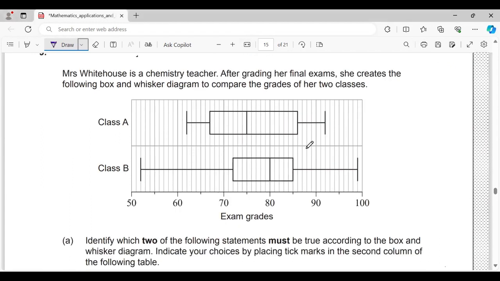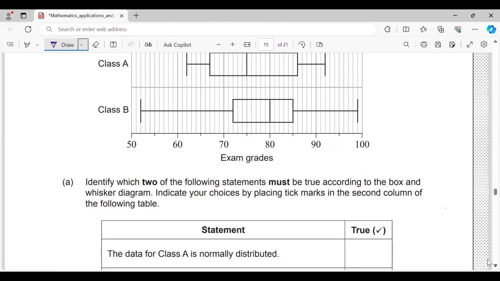This is the whisker diagram between class A and class B. Identify which two of the following statements must be true according to the box and whisker diagram. Indicate your choices by placing tick marks in the second column of the following table.